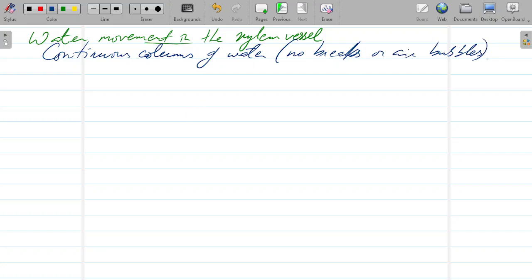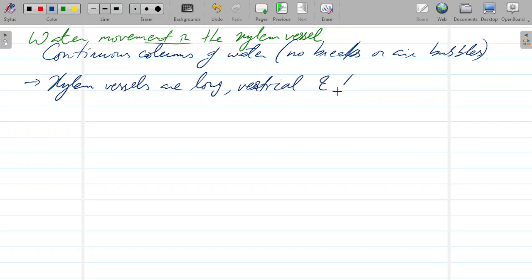And why that happens is, first of all, the xylem vessels are long, vertical and thin. So that helps, right?